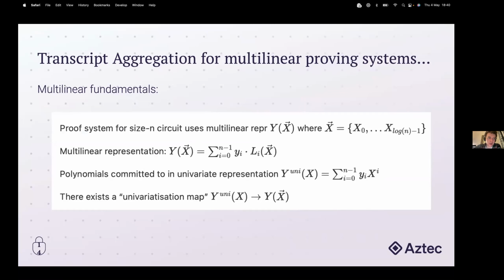You have a transformation layer, where you have a protocol which transforms claims about the evaluations of multilinear polynomials to claims about evaluations of univariate polynomials, and you actually commit to your polynomials in univariate form via a univariate polynomial commitment scheme, where typically the coefficients of a univariate polynomial are the vertices of the Boolean hypercube that you are multilinearizing.